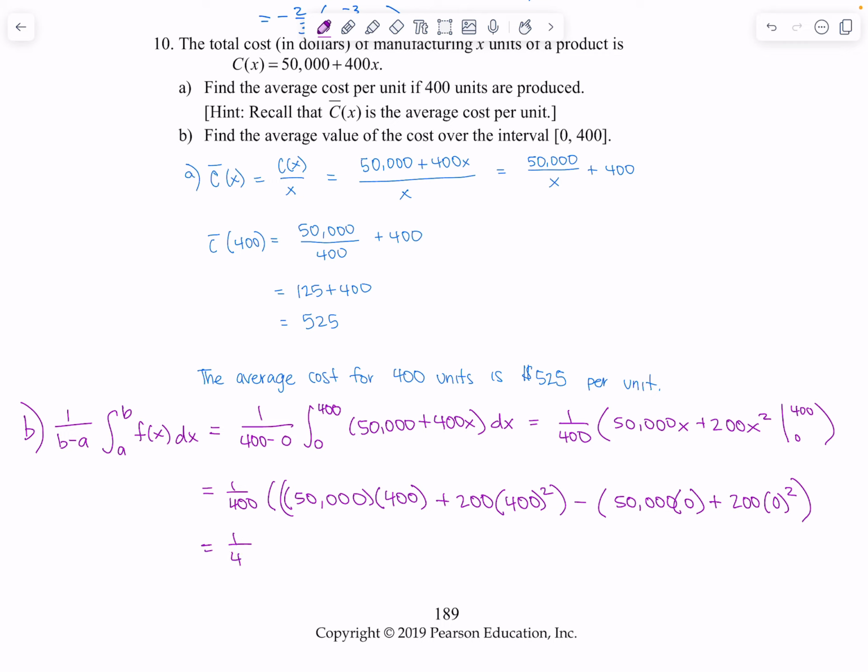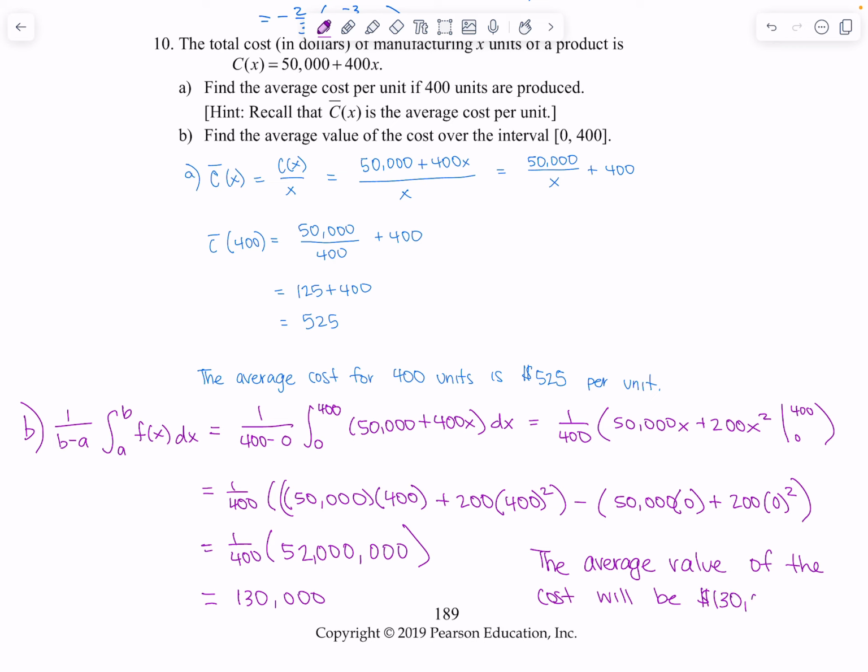Now we have 1 over 400 times 52 million, and that gives us 130,000. So the average value of the cost will be $130,000.